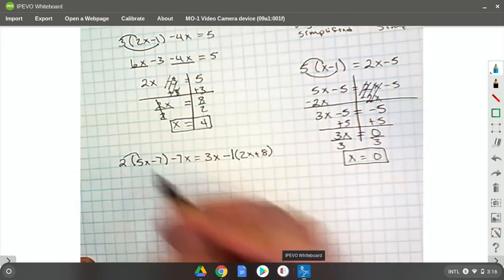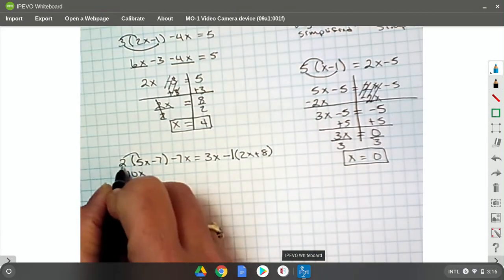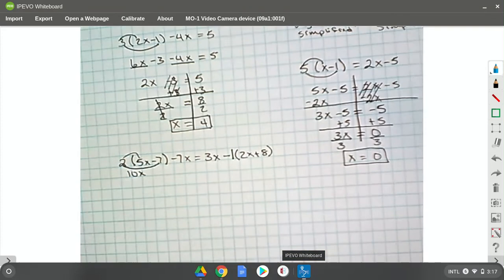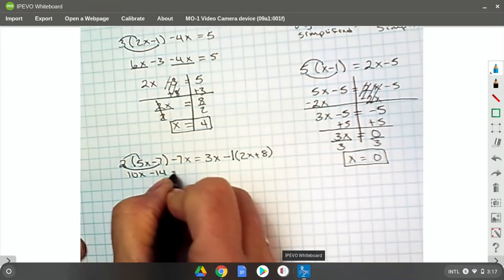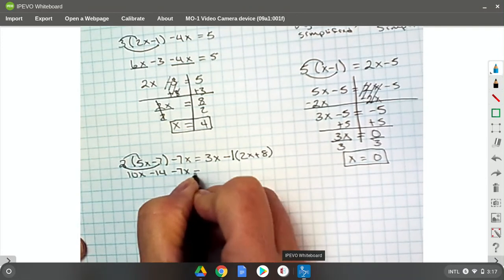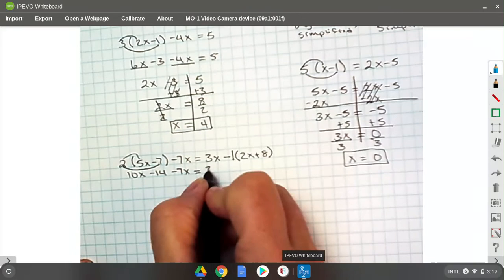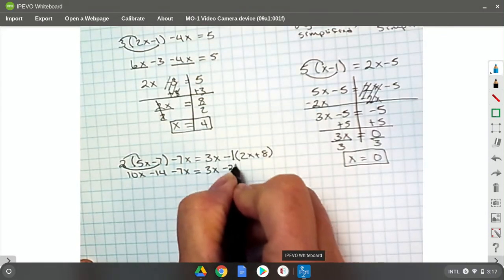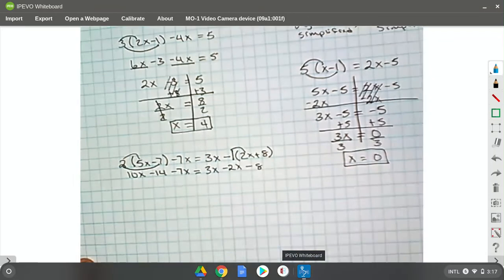So 2 times 5x gives me a 10x. 2 times negative 7 gives me a negative 14, minus 7x equals 3x minus 2x minus 8, distributing that negative 1.